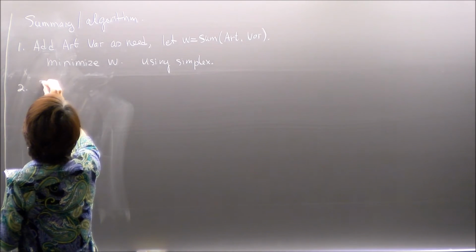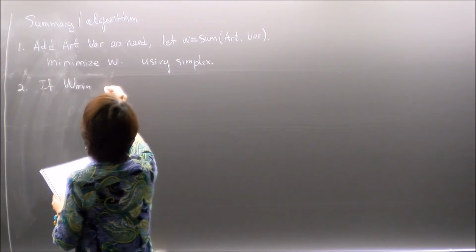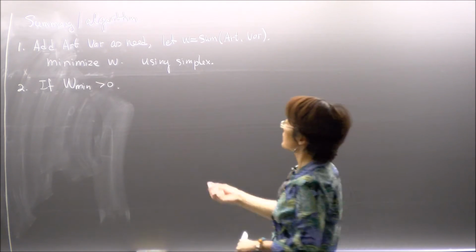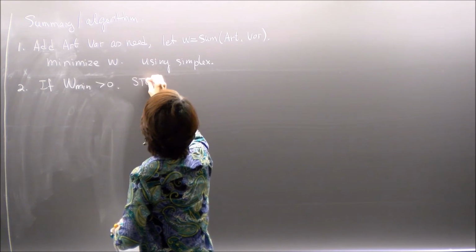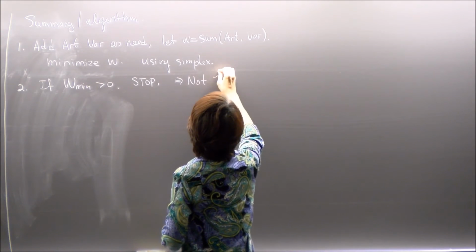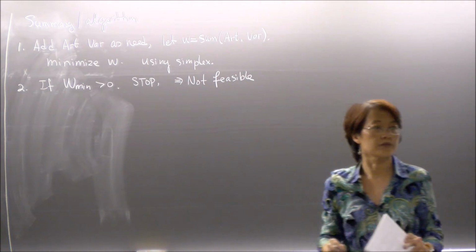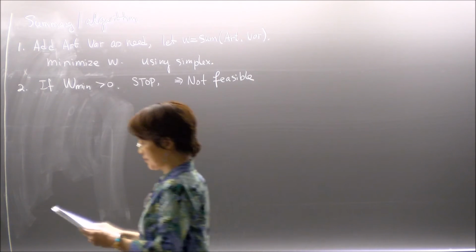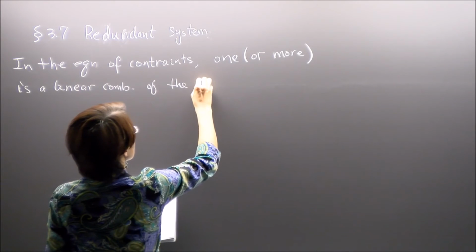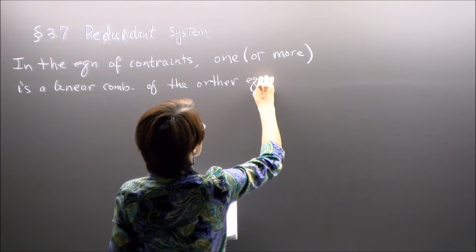So okay, now if I find out that W min is strictly bigger than 0, what do we do? Well, stop. And you conclude that the problem is not feasible. There's no solution, right? Okay. And of the other equations.